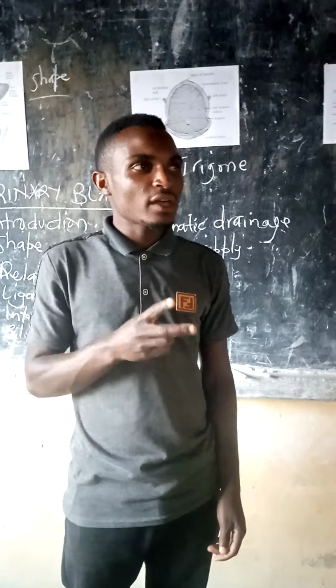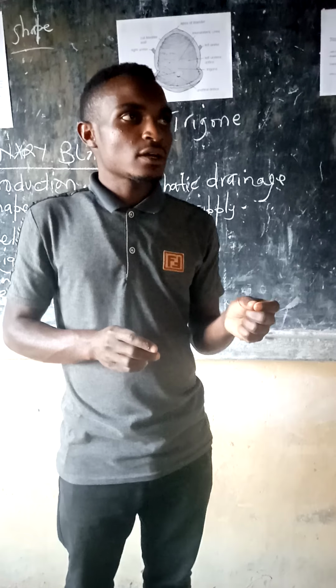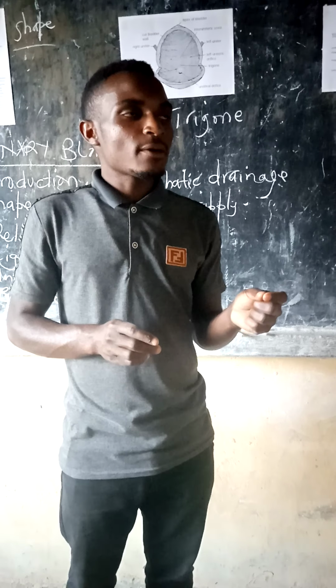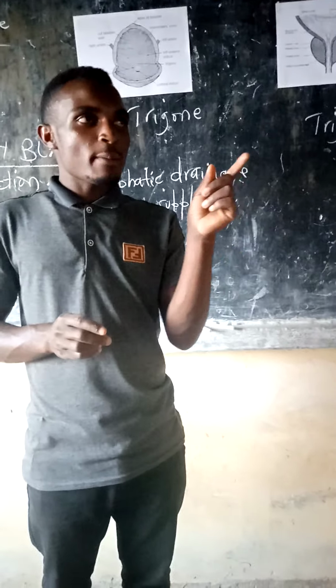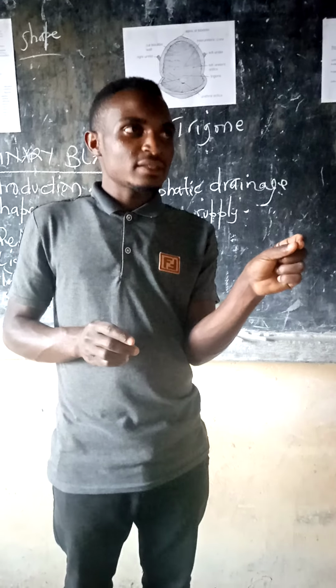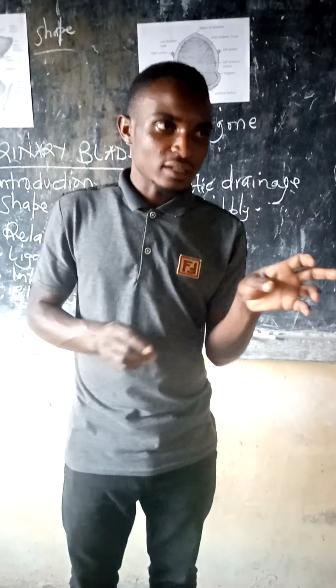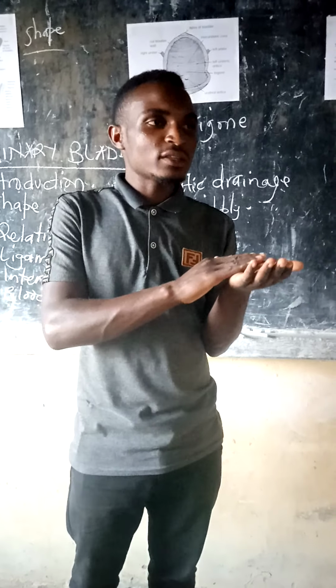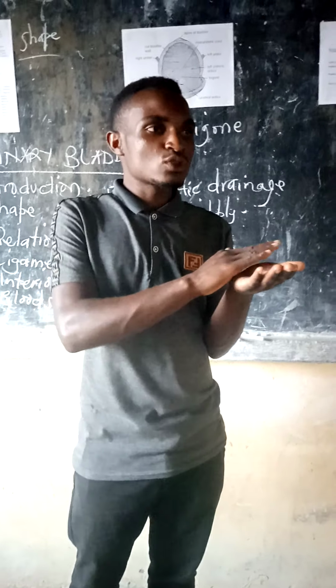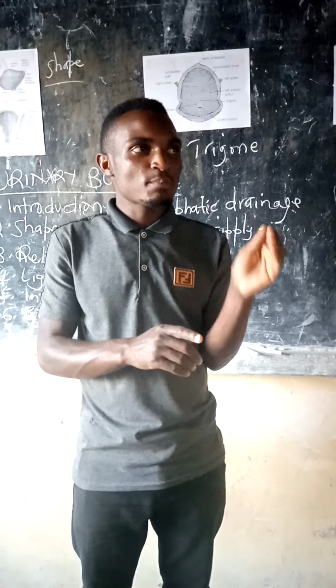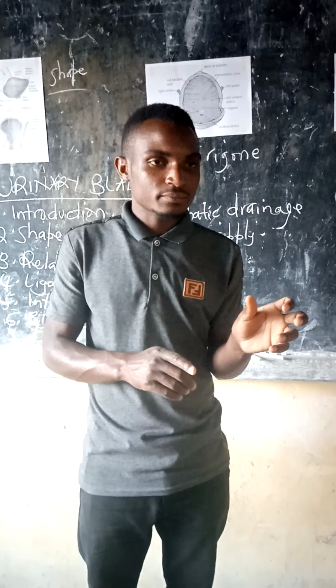The superior vesical artery is a branch from the proximal patent part of the obliterated umbilical artery. That means before the umbilical artery is obliterated, its proximal part is patent, and it gives a branch called the superior vesical artery.